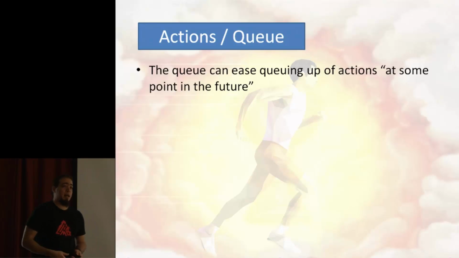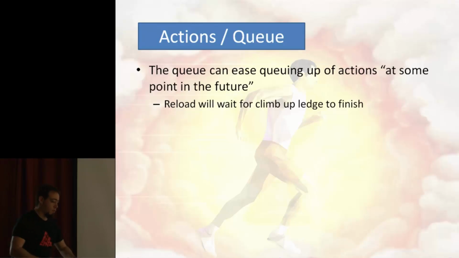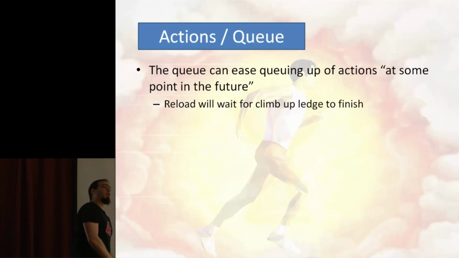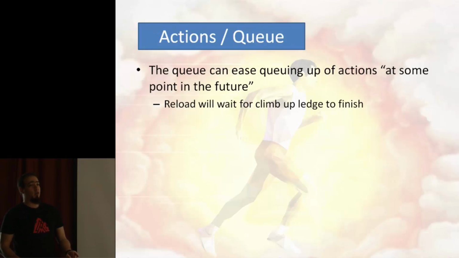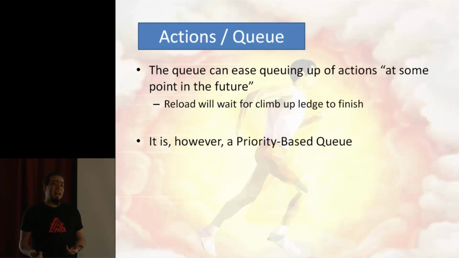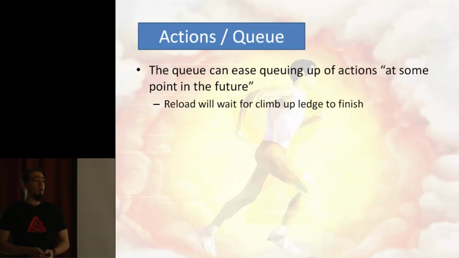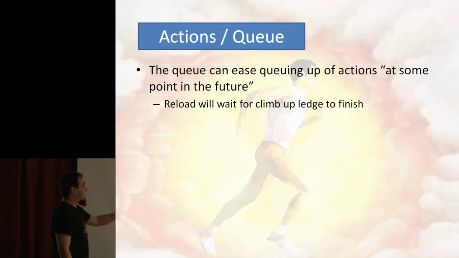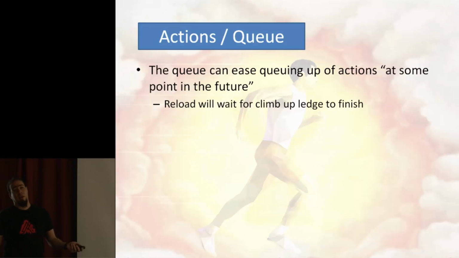What that means is that if I'm now doing a vault on top of something where I have to put my hands down and just really step over something, and the player hits R for reload, or the AI wants to do reload, then I don't have to worry what is exactly happening. All I need to do is queue reload. Now the priority queue is going to say, okay, ledge is more important than reload. Okay, fine, I'll wait until you're done, then I'll install your reload. So you don't have to worry about what the animation is actually doing.